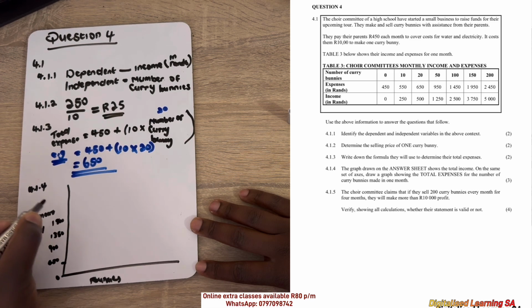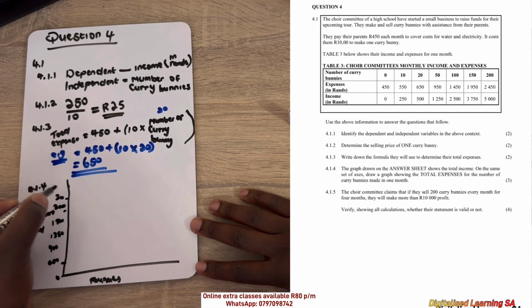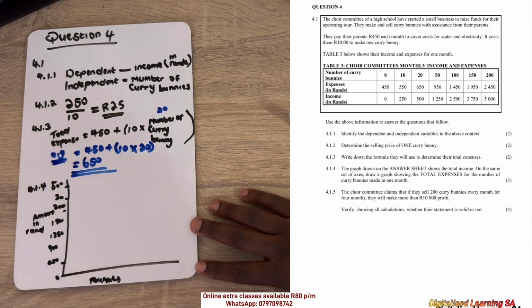1,800, and then maybe 2,000, and then maybe we can have 3,000, and then we can keep going and write 5,000 so that we have enough space.